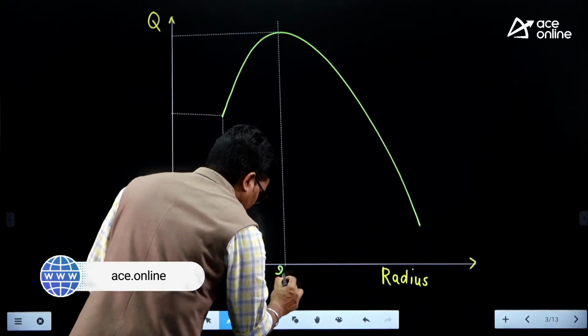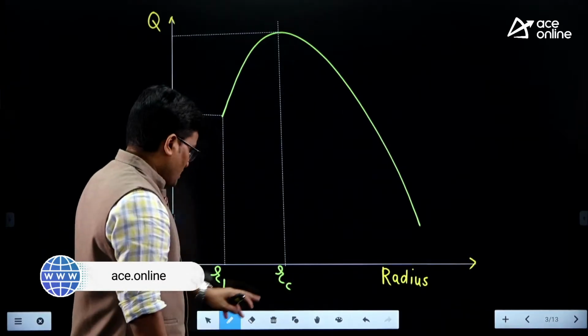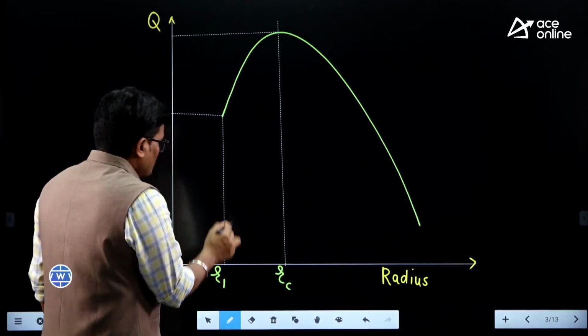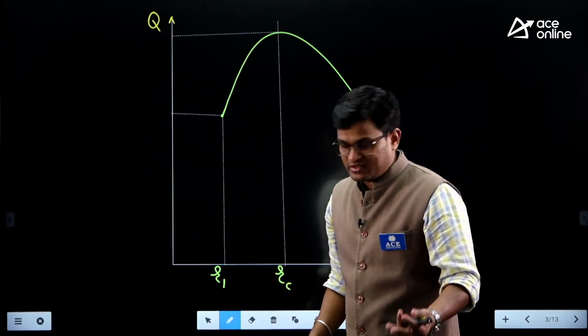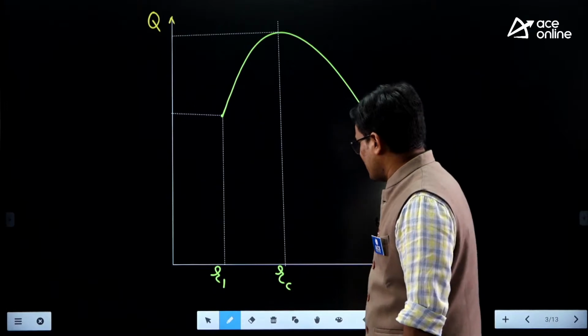This is your critical radius RC. This is the original radius, what you manufacture.